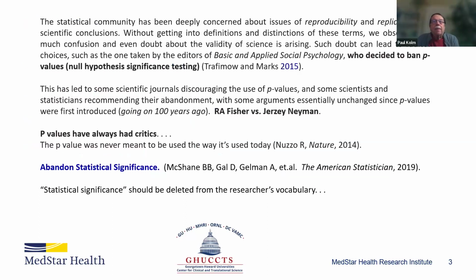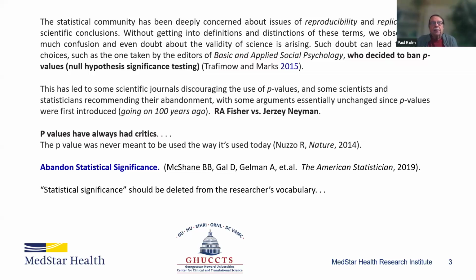So a few years ago, there was a big to-do about the use of p-values in the scientific literature. And the argument probably still is somewhat going on today, but they relate back to the use of p-values and the ideas and concepts related to that that are due primarily to Fisher and Neyman.